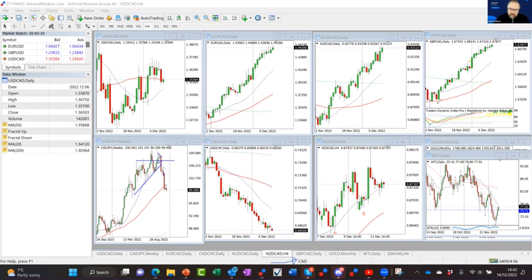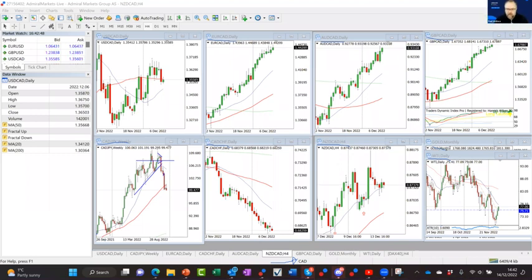For this particular one, I've got the US dollar against the Canadian dollar, the euro against the Canadian dollar, the Australian dollar against the Canadian dollar, the pound against the Canadian dollar, the Canadian dollar against the Japanese yen, the Canadian dollar against the Swiss franc, the New Zealand dollar against the Canadian dollar, and then I've got charts for oil and gold, which are two of the big exports out of Canada. Canada's the commodity currency.